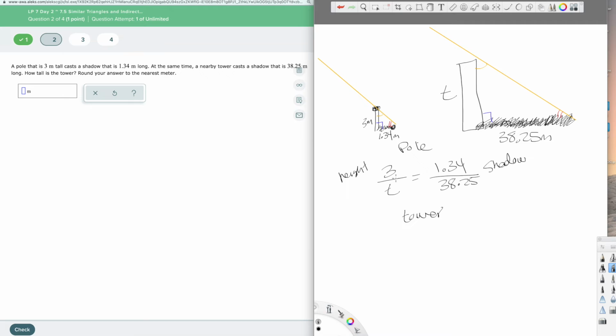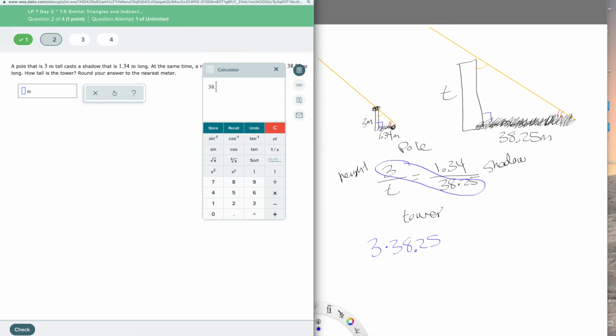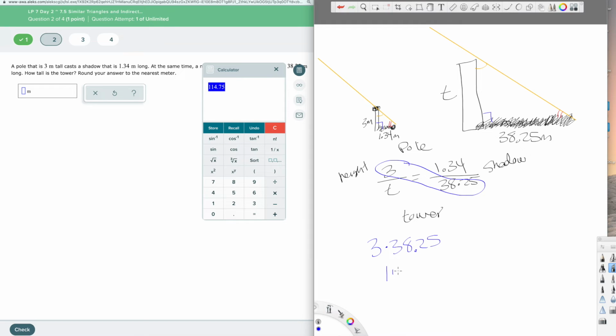All right, so we're going to do our cross multiplication here. So we're going to have 3 times 38.25, and I'm not going to do that one in my head because I don't want to mess that one up, times 3, so 114.75.